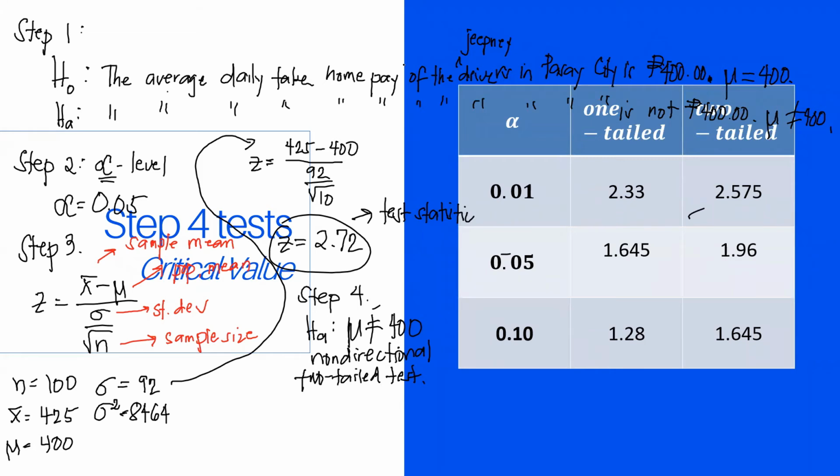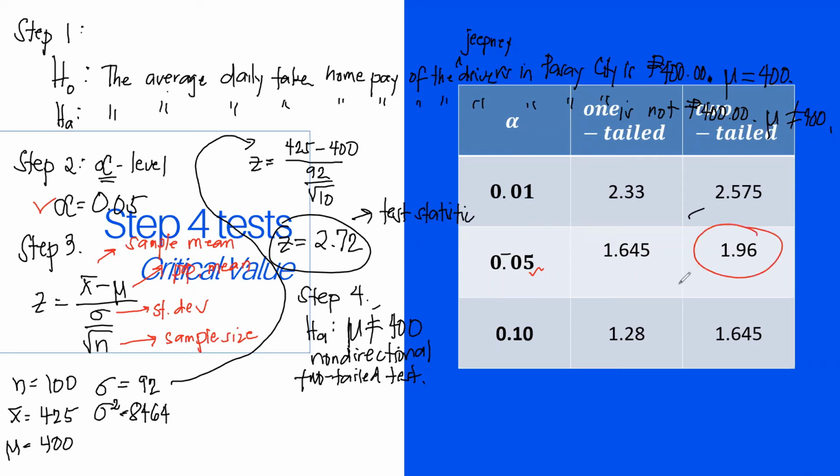Going back to the alpha level on step number 2, we have 0.05. So it's here. Now, check what kind of test. We have a two-tailed test.